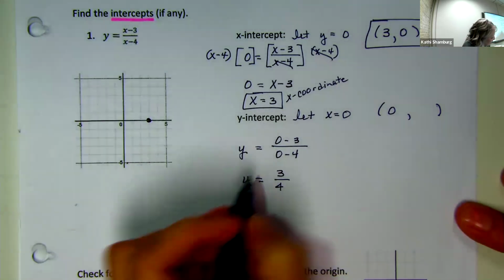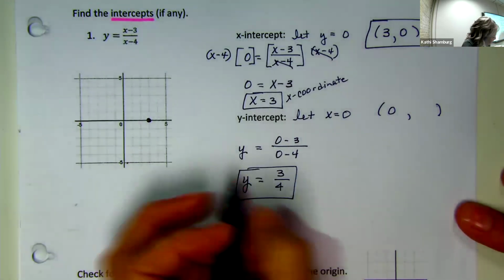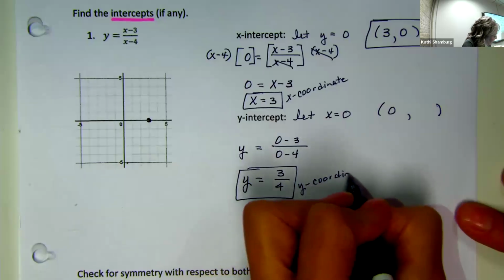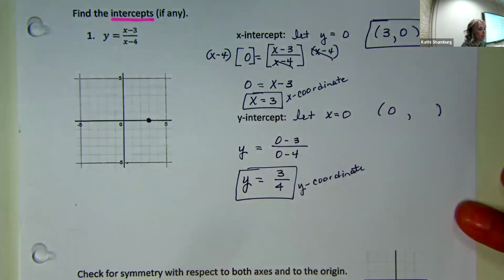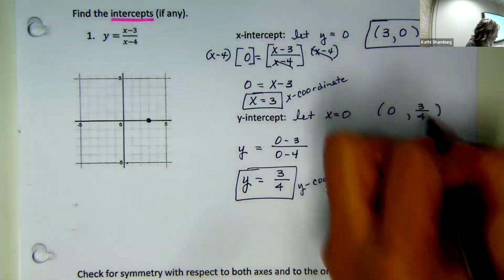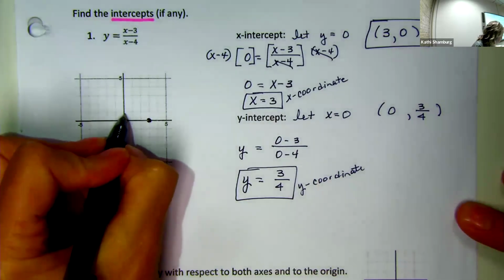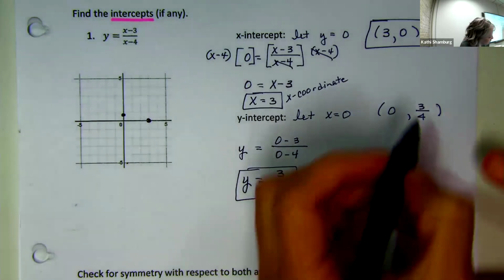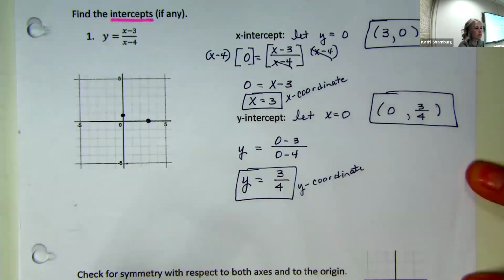Again, this is your y coordinate. It is not your y-intercept. Your y-intercept is an ordered pair: (0, 3/4). So (0, 3/4) would be approximately there. We're not looking at the graph, we're just looking at our x and y intercepts.